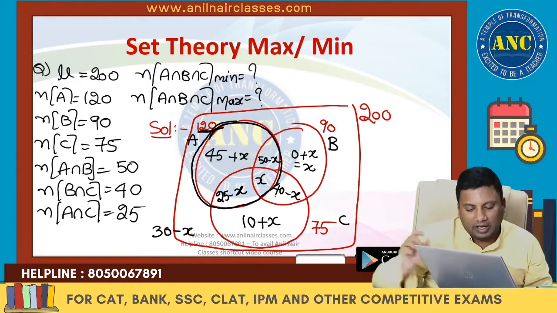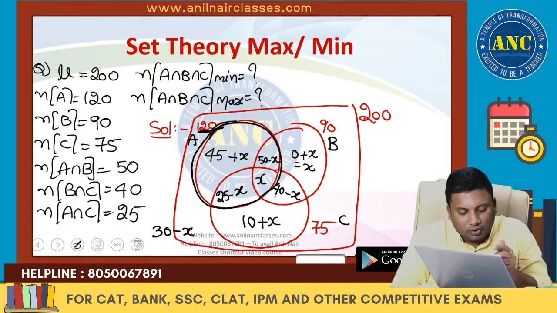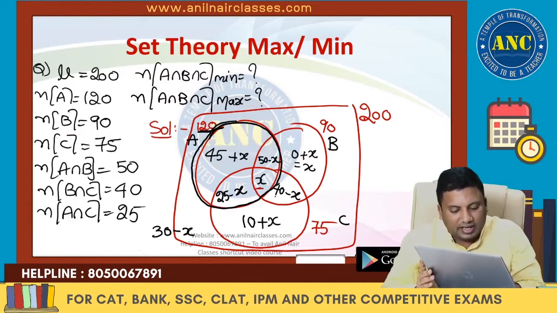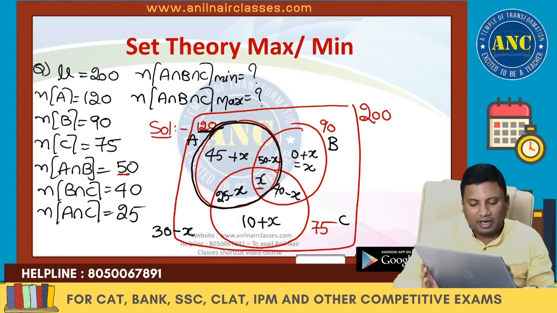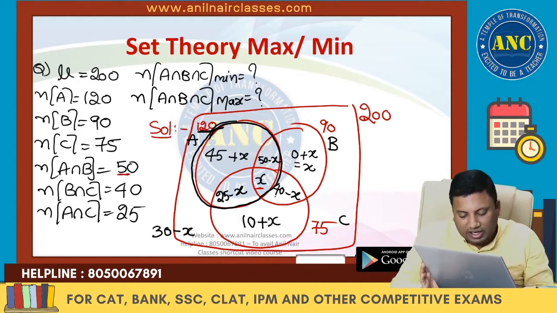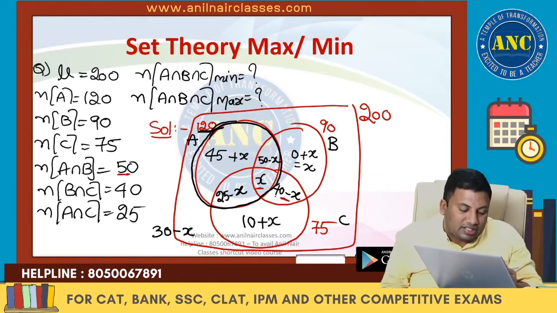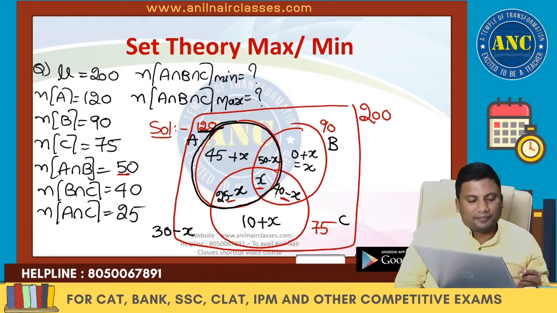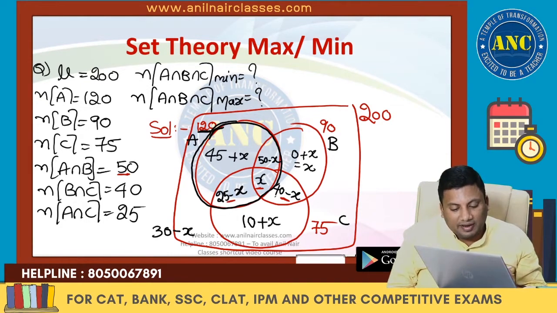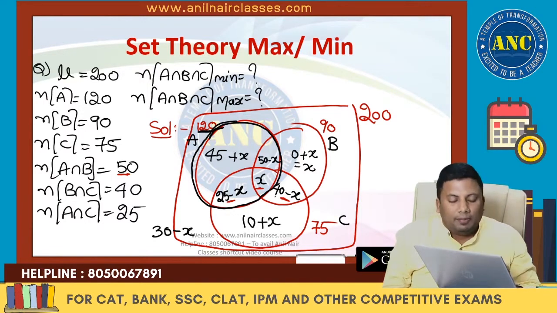Again I am explaining. This value, listen carefully, sir. Once you understand, you will do it very fast. This is X. A intersection B is 50, so this will be 50 minus X. B intersection C is 40, so this is 40 minus X. A intersection C is 25, so this is 25 minus X. Next one: n(A) is 120, 50 plus 25 is 75, remaining will be 45.